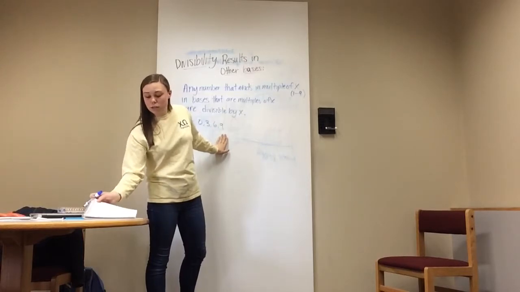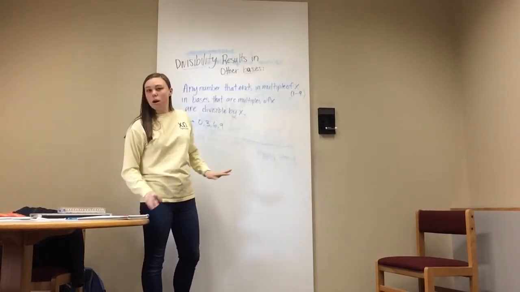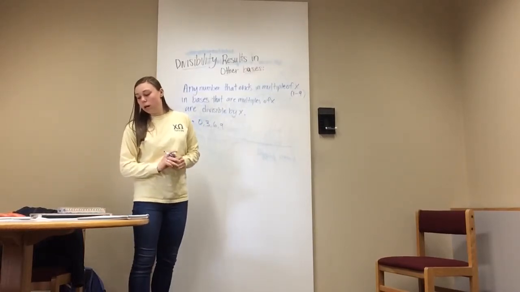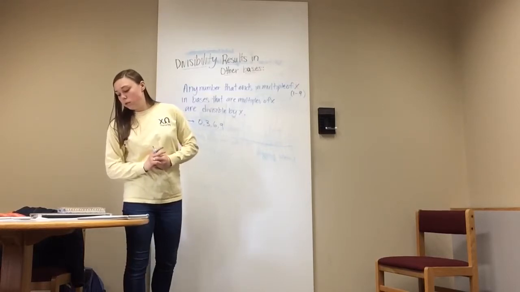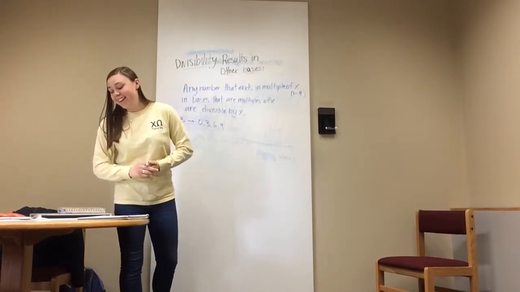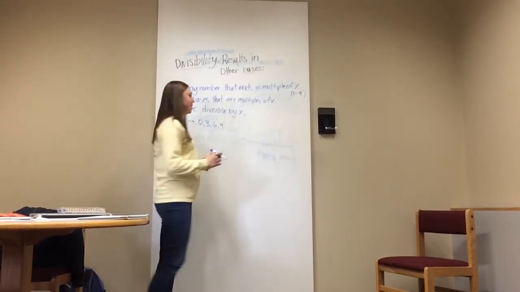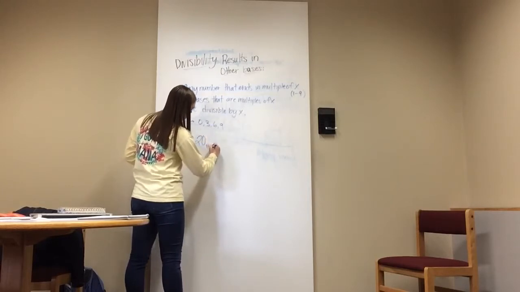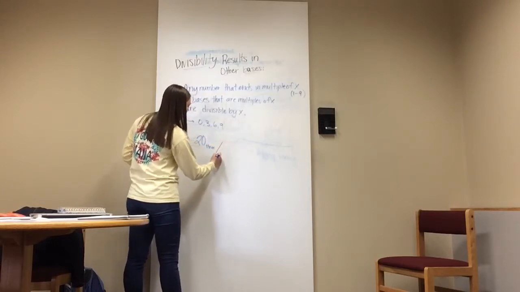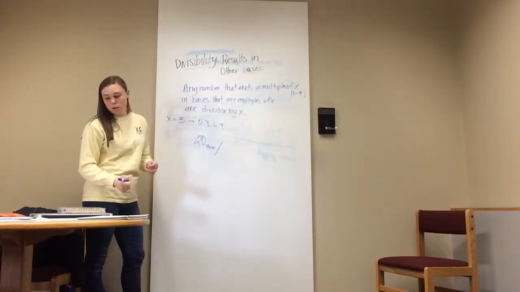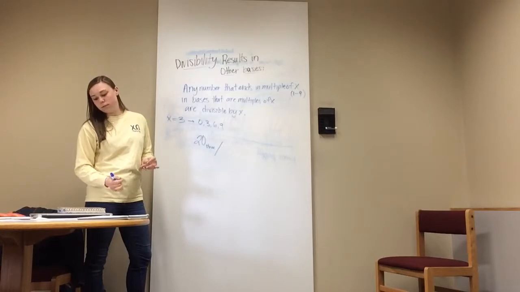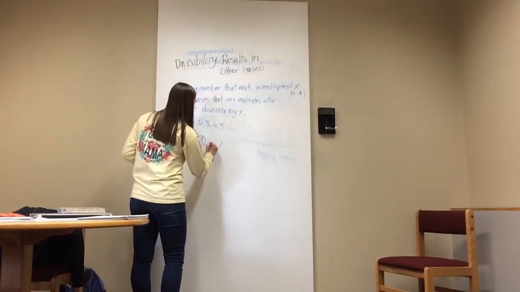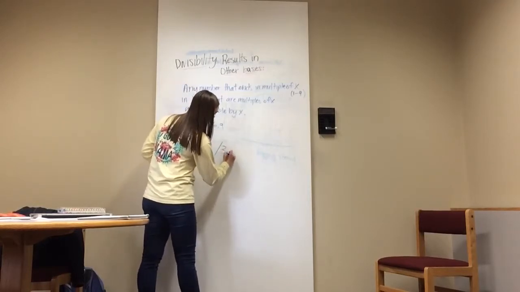So if we look at an example of this, let's say we have 20 in base 6, and we want to divide it by 3 in base 6.